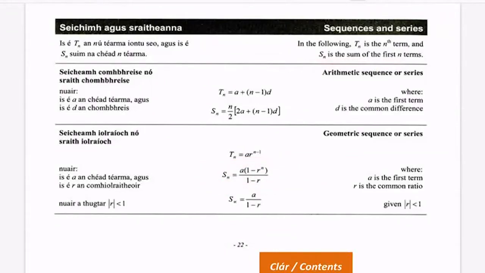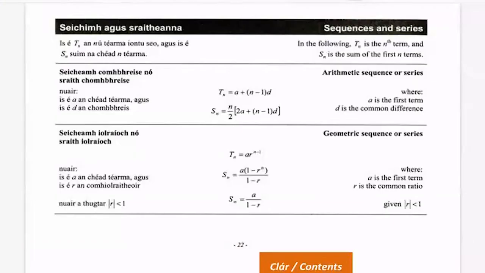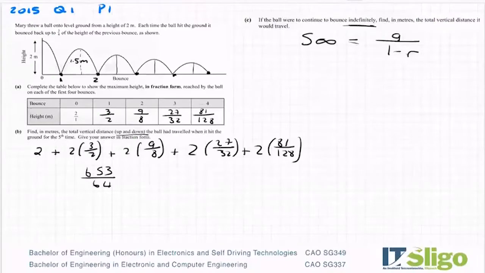And this is s to infinity. It's kind of hard to see the infinity symbol there. Infinity meaning lasting forever. So s to infinity is equal to a over 1 minus r. If I go back to my log tables, you can see a is the first term and r is my common ratio.